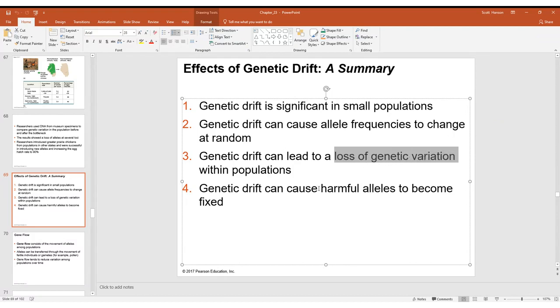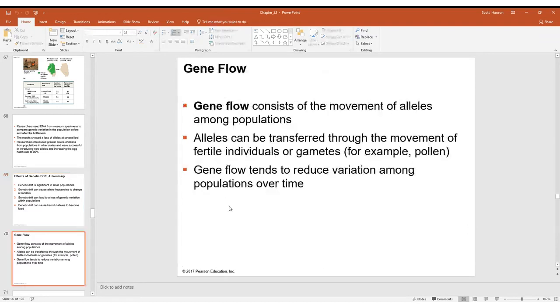And it can cause possibly harmful alleles to become fixed. What we mean by fixed is that they are the only allele that's there at a certain locus. So it's not fixed in the sense of being repaired, but fixed in the sense of being locked in and permanently there, unchanging.